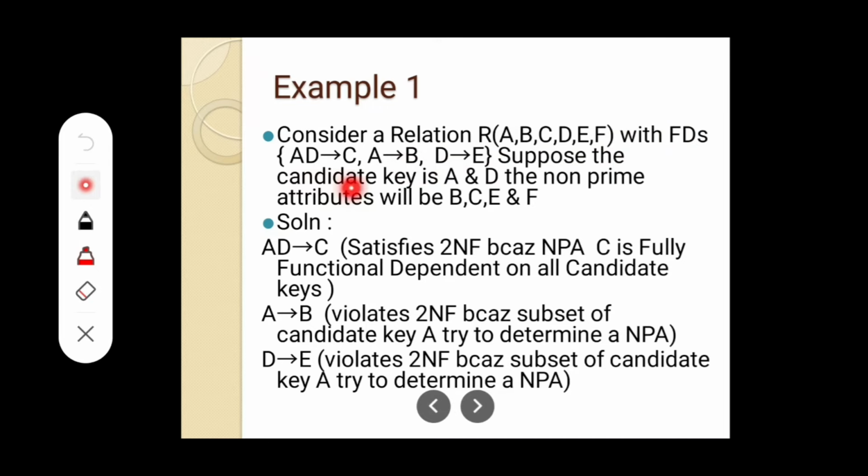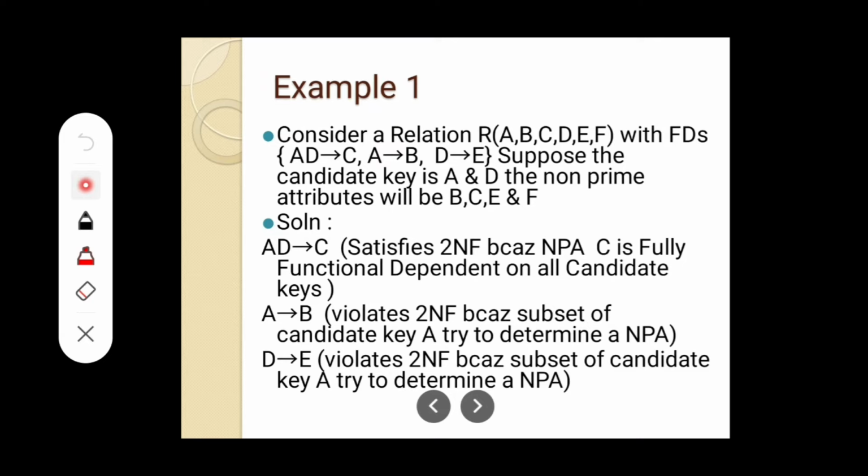Here they have given the candidate key AD. A and D are the candidate key, so the prime attributes will be A comma D. The non-prime attributes are also given: B, C, E and F.